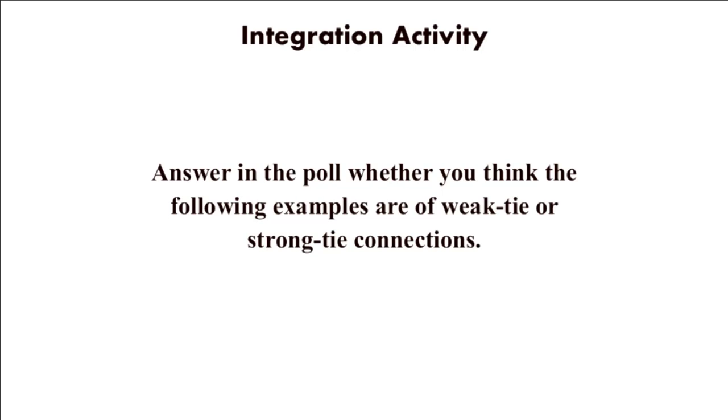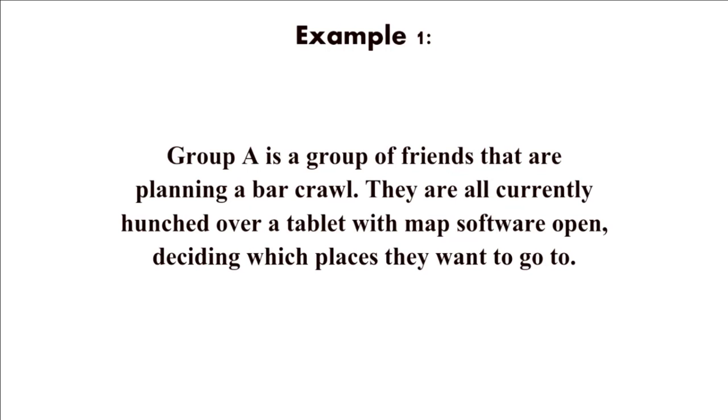So for our integration activity, answer in the poll, and the poll will come up soon, whether you think the following examples are of weak tie or strong tie connections. So example 1, Group A is a group of friends that are currently planning a bar crawl.